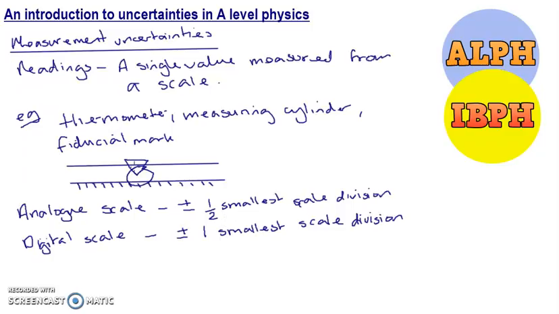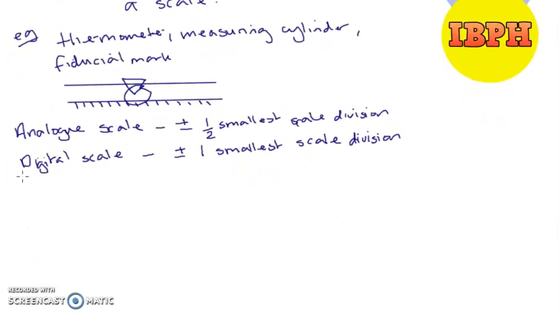What if we were measuring the length of something? If we're measuring the length of something, then what we're doing is we're measuring the difference between two readings. So they were readings, these are measurements.